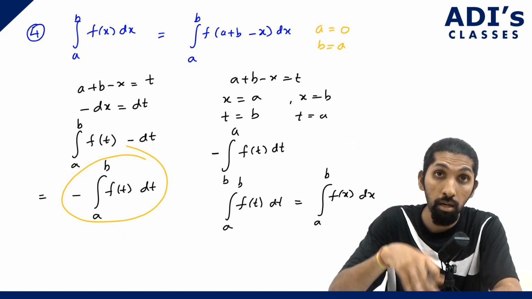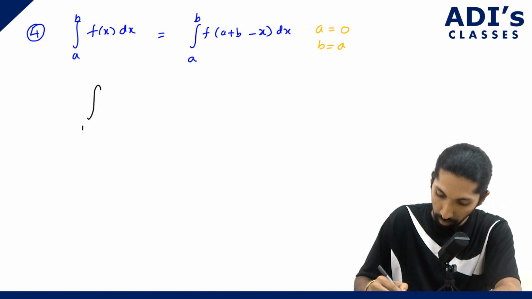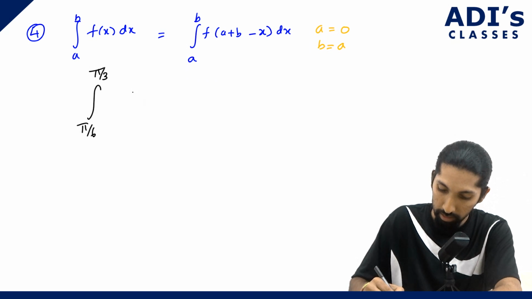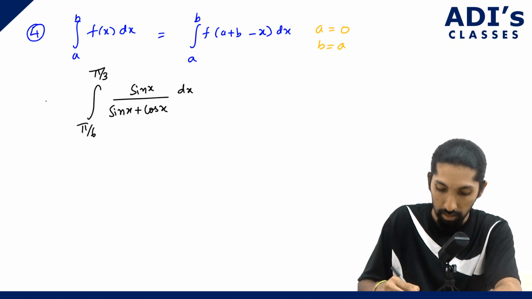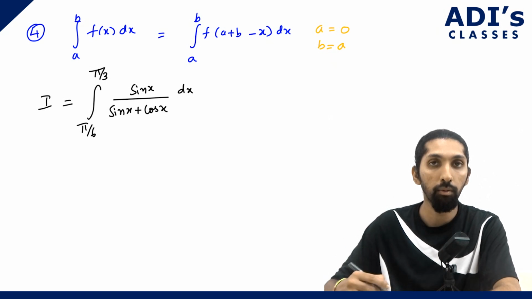Now let me show you an example. Suppose you have the integral from pi by 6 to pi by 3 of sin x divided by sin x plus cos x dx. Say this is I. Now we can use the fourth property we just studied.